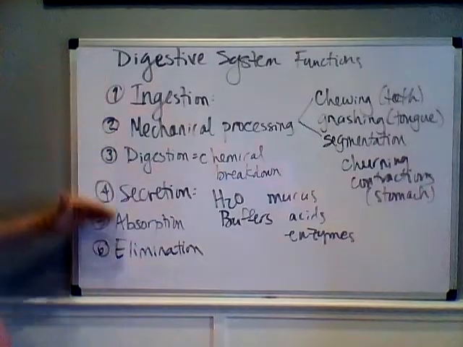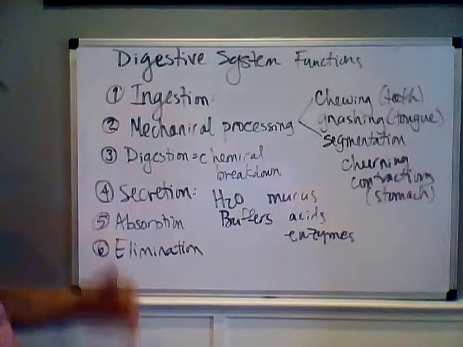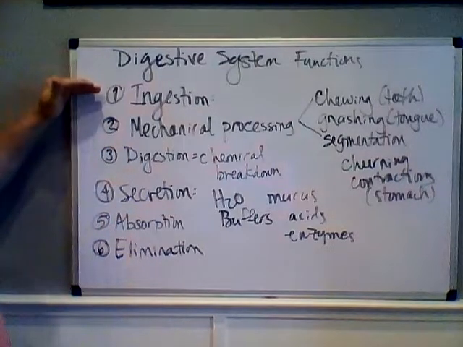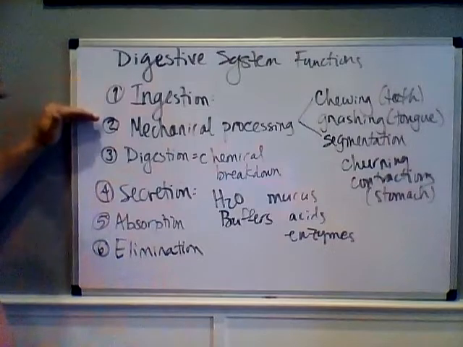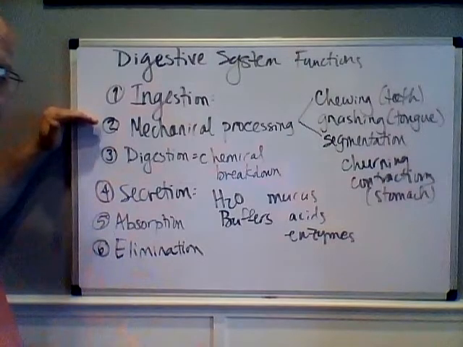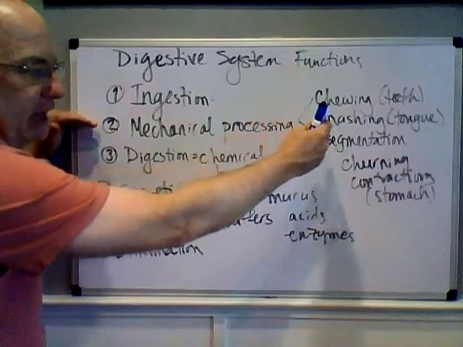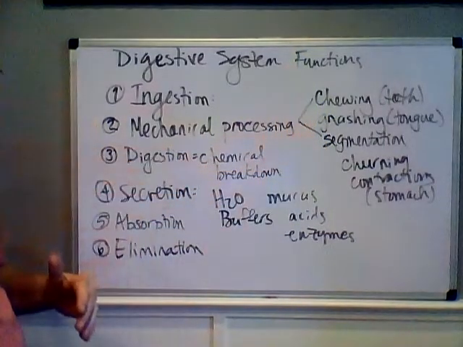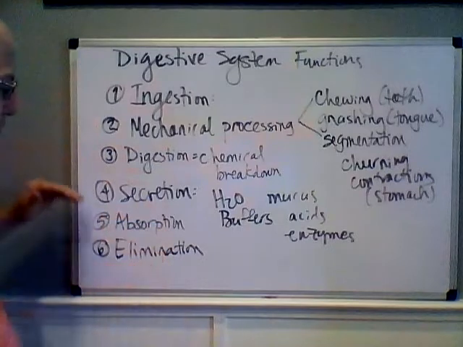So these are the 6 functions that you need to know. You should be able to write them from memory off the top of your head. So practice writing them. Ingestion, putting everything into the tract. Mechanical processing, which is the physical breakdown of food by chewing, gnashing, and segmentation. Digestion, which is the chemical breakdown of food by acids and enzymes and water.